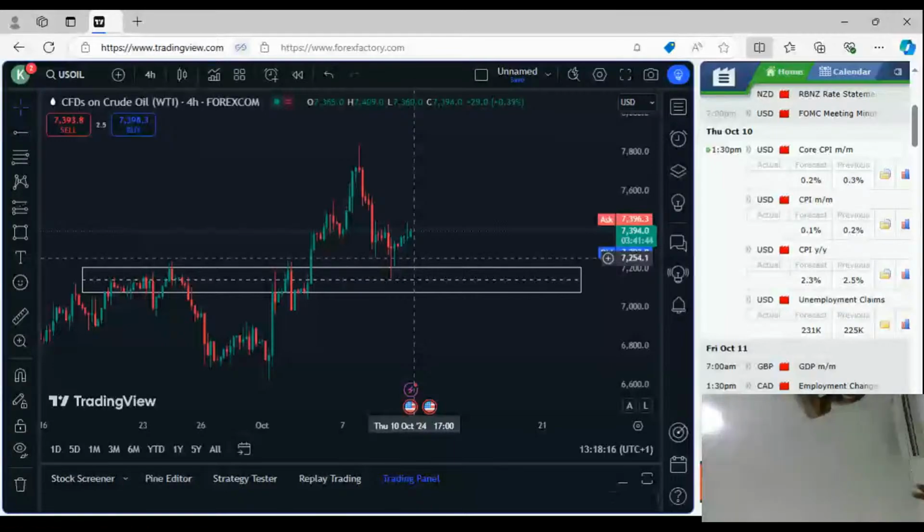What CPI means: CPI stands for consumer price index. Consumer price index tracks the prices paid by the consumer. Anything that hikes consumer prices means that there's inflation in that country.